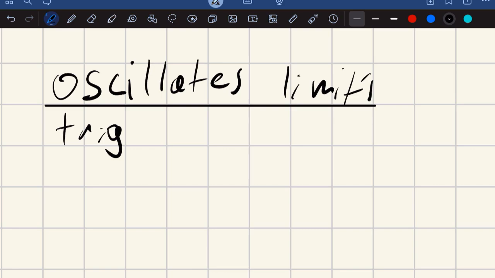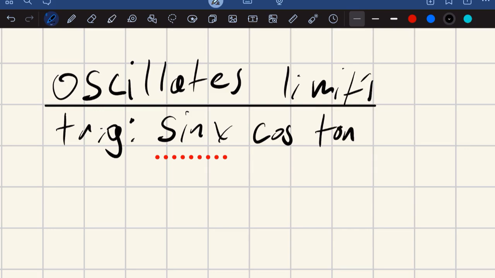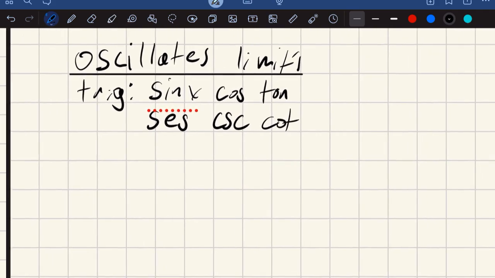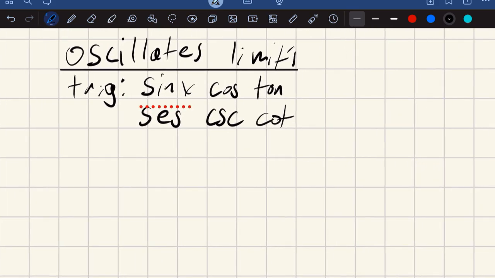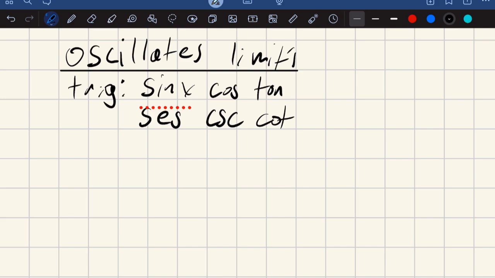That includes sine of x, cosine, tangent, secant, cosecant, and then cotangent.